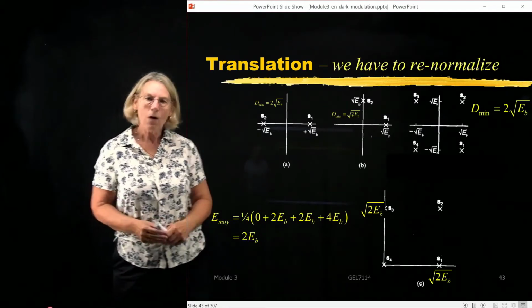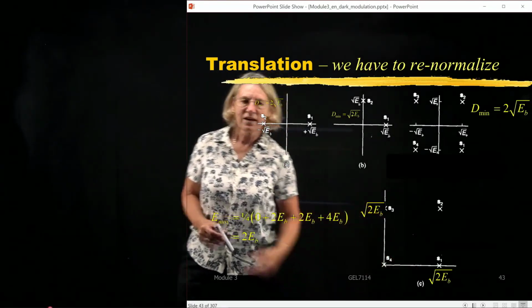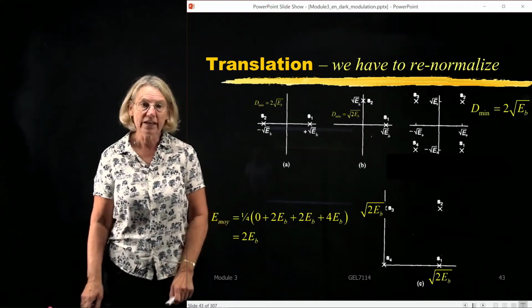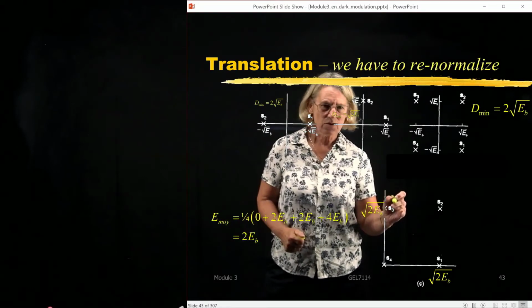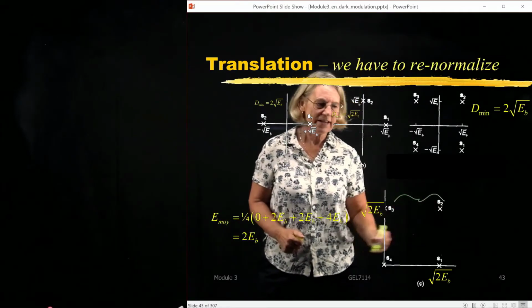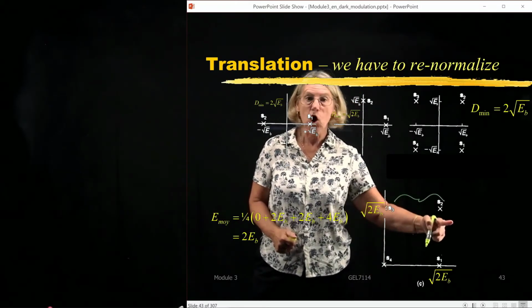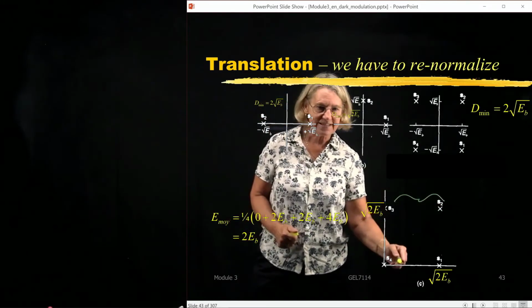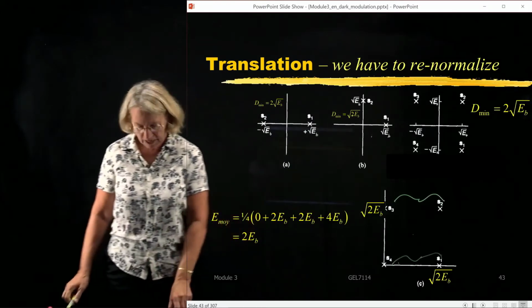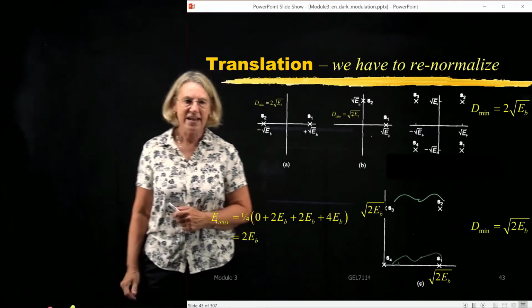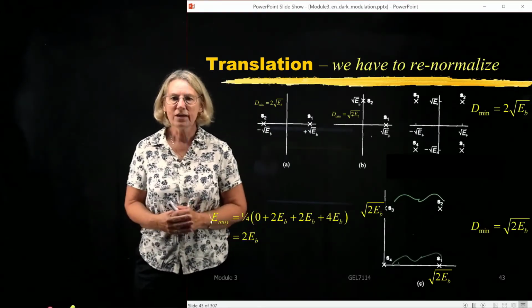So now I have the correct coordinates, and now I have to go in and look at what is the minimal distance. Again, the minimal distance is going to be this. It's not the antipodal. The antipodal is longer. And then this distance is, of course, very easy to see because the dmin in this case is just the square root of 2 EB.